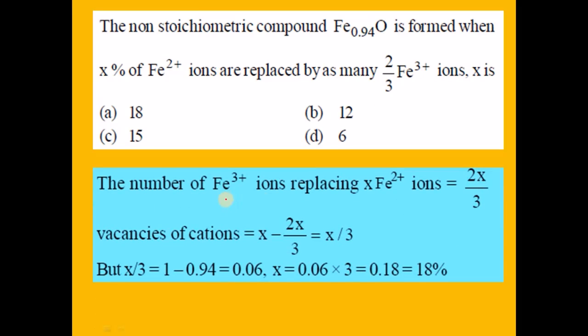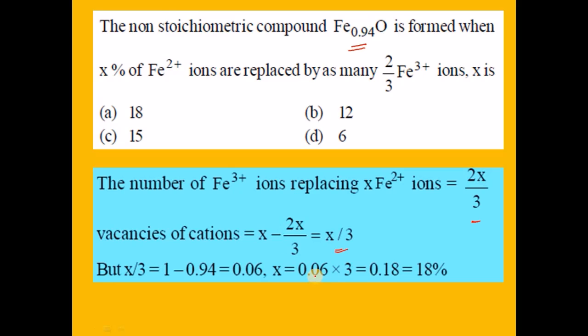Here the number of Fe3+ ions replacing is 2x/3. So the vacancies of cations will be x minus 2x/3, that is x/3. So x/3 is the vacancy of the cations, and that equals, since they have given Fe0.94, 100% minus 94%, which is 6%, that is 0.06.